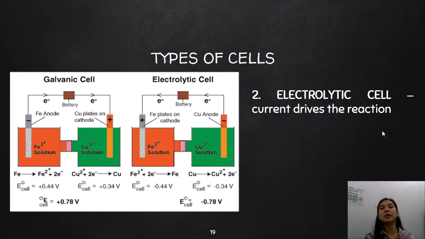Pero pag sa electrolytic cell, it's the other way around. Dapat lagyan mo ng current yung particular solution para mag-proceed po yung chemical reaction. And if you take a look on the picture here on the left side of your screen, parang kinumpare lang po yung pagkakaiba ng galvanic and electrolytic cell, which you could actually pause if you want para medyo makita nyo siya.